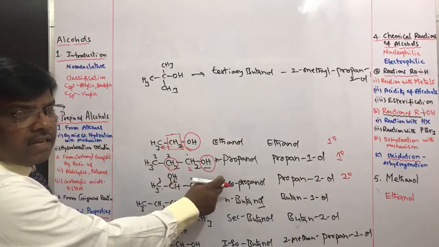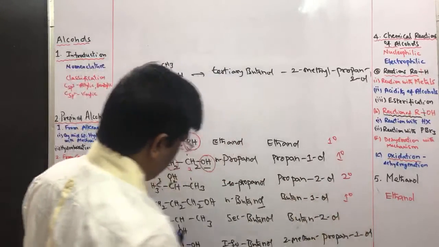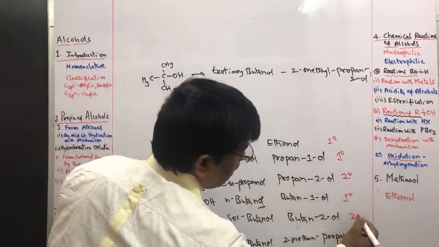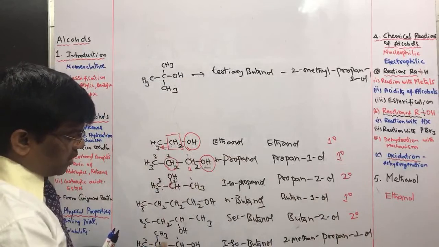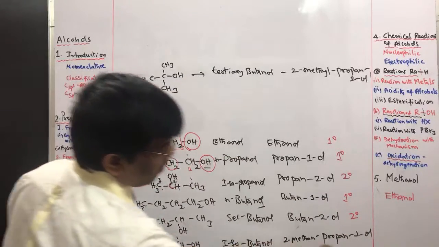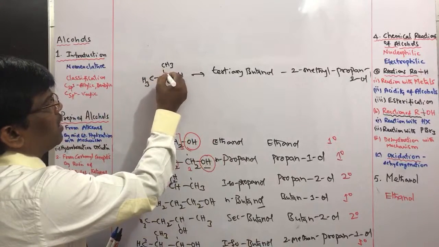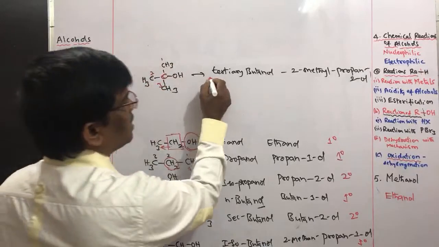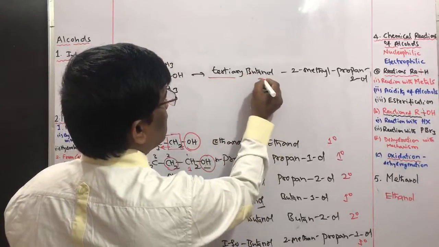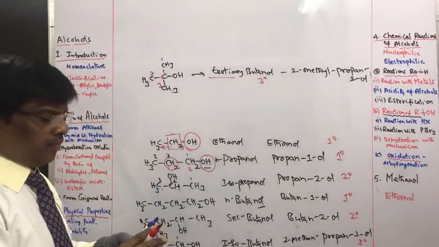Isopropyl alcohol is a secondary alcohol. Then n-butanol is a primary alcohol and this is a secondary alcohol. I am explaining the nomenclature of primary, secondary and tertiary alcohols, students. Since this carbon is attached to three carbons, it is tertiary butanol, a tertiary alcohol, right?